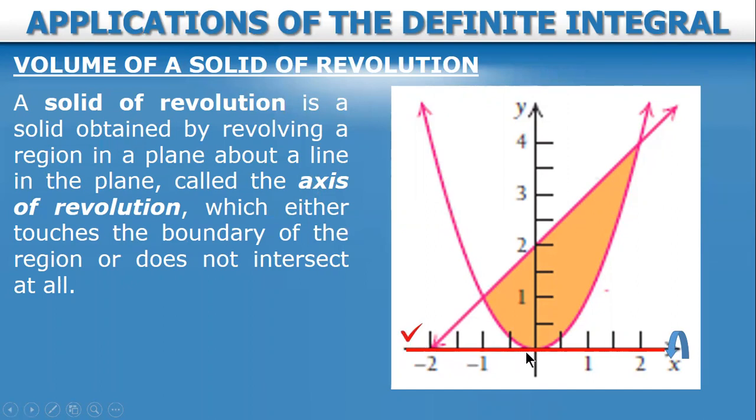So it is possible. Or at a certain distance from the vertex, it's possible also. Or this line, where it touches this boundary or at a certain distance.